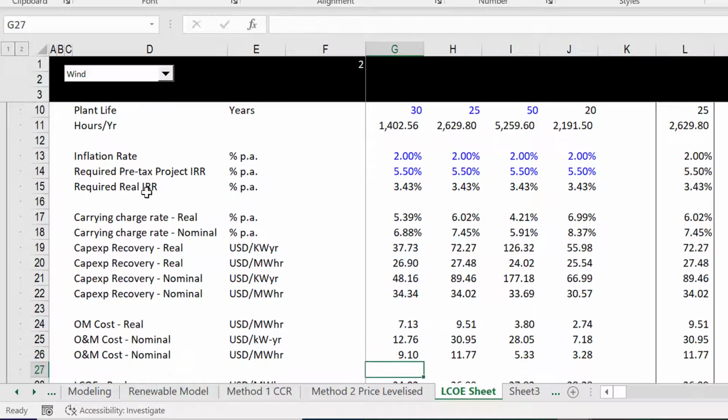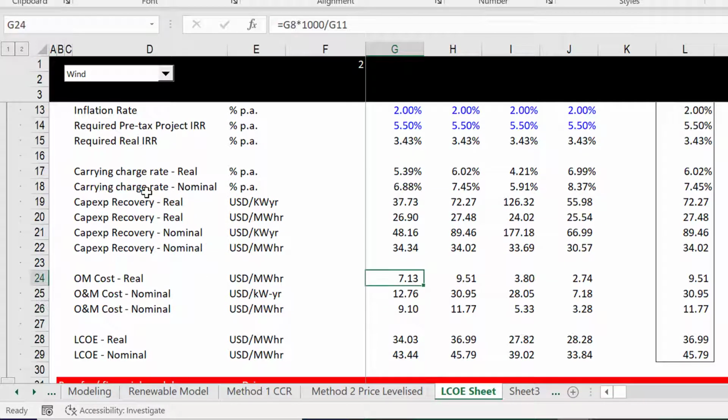And finally, we can put, no, not finally, we put our O&M costs in real terms, which is per megawatt hour.